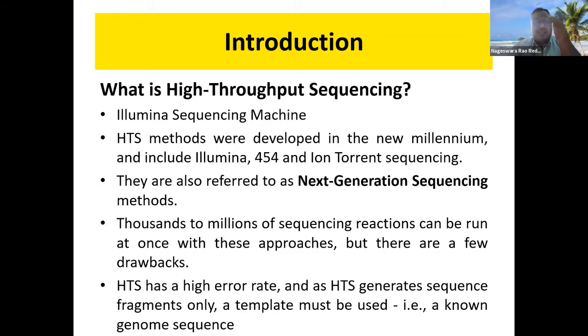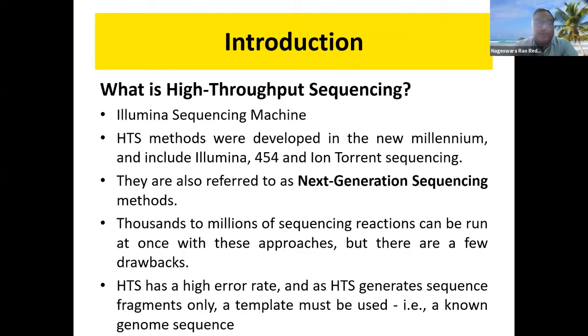Now, what are they? As per the previous next generation sequencing technologies, from the second generation we have seen machines coming out. In the second generation, the first machine which came out is the Illumina sequencing machine, Illumina 454 sequencing. That was the first methodology used for high throughput sequencing.